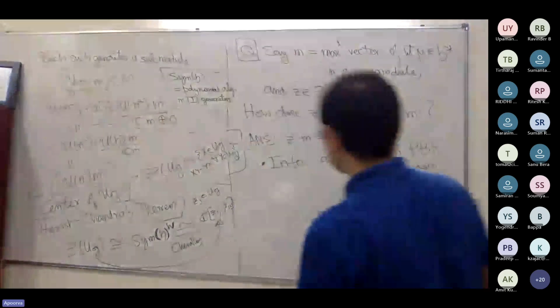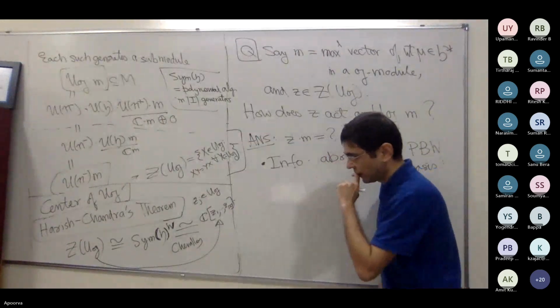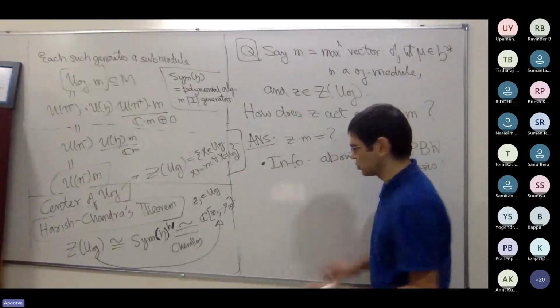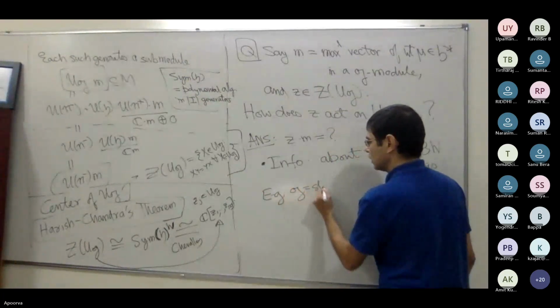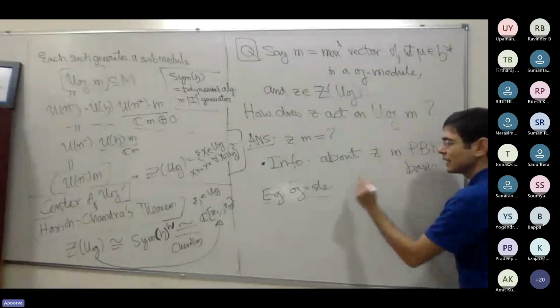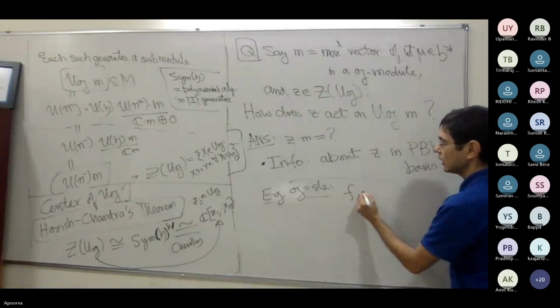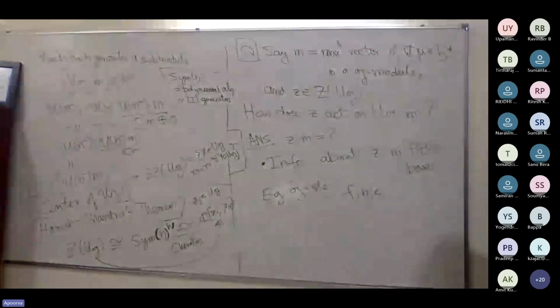Okay, so the point is the following. Let's just look at an example, SL2. You have exactly three elements F, H, and E.